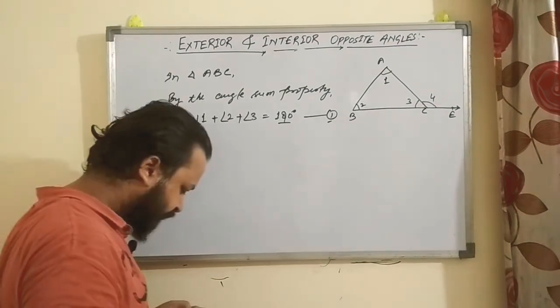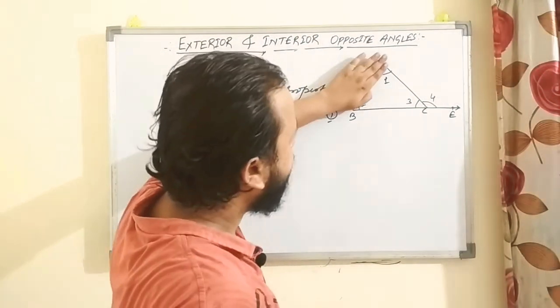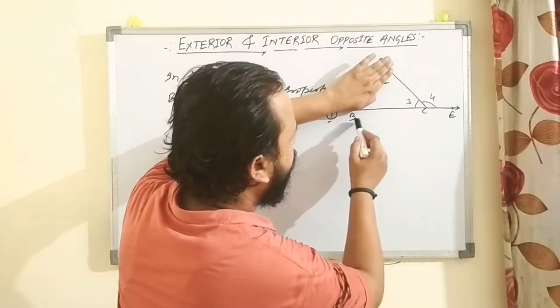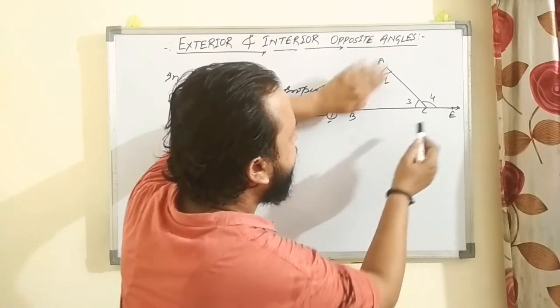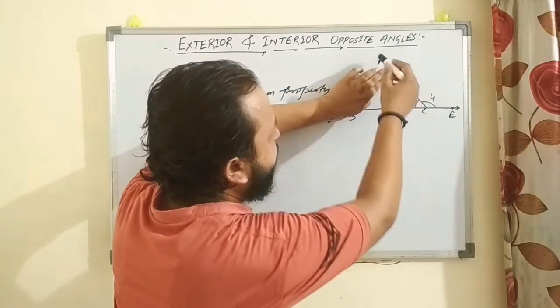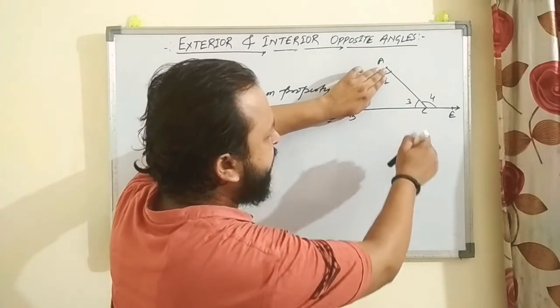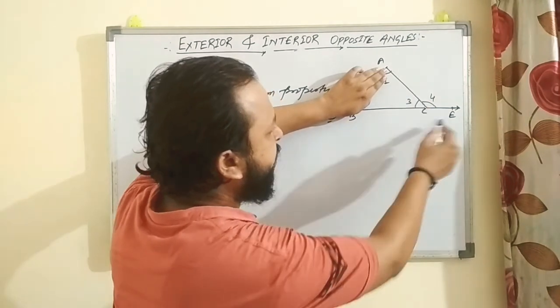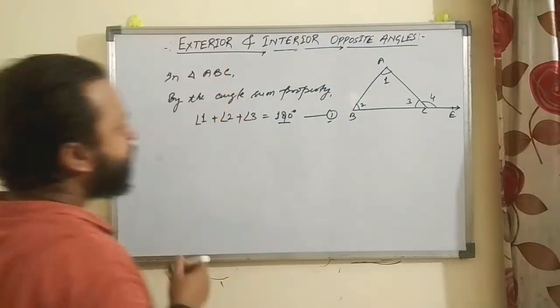And now if we are talking about this point only, if we are talking about a line BCE and here another line segment AC is there, so at this point the line BCE is making a linear pair of angles.